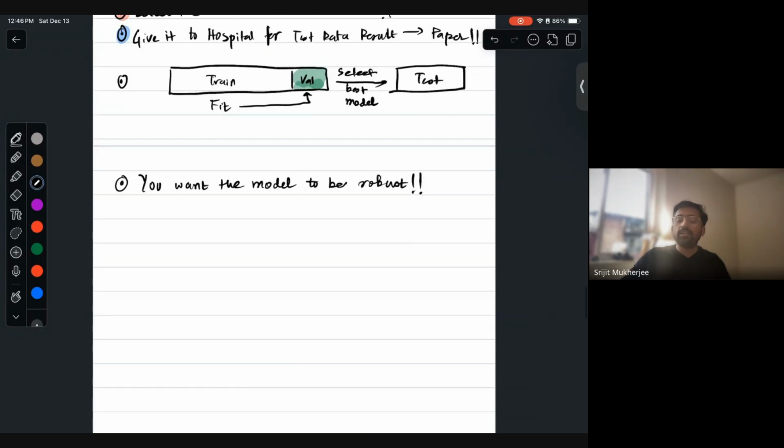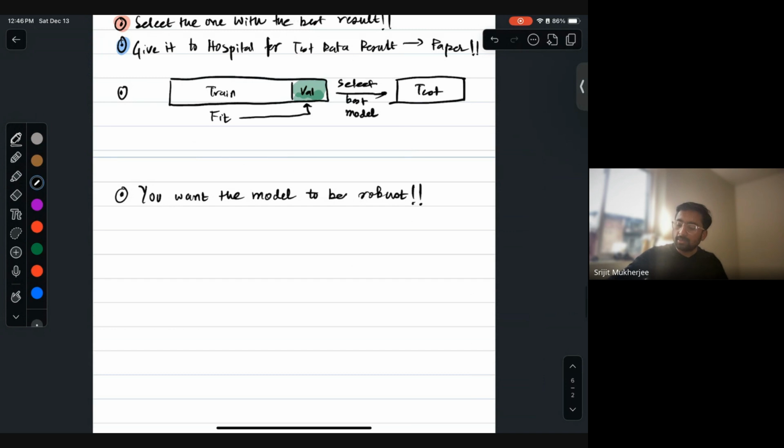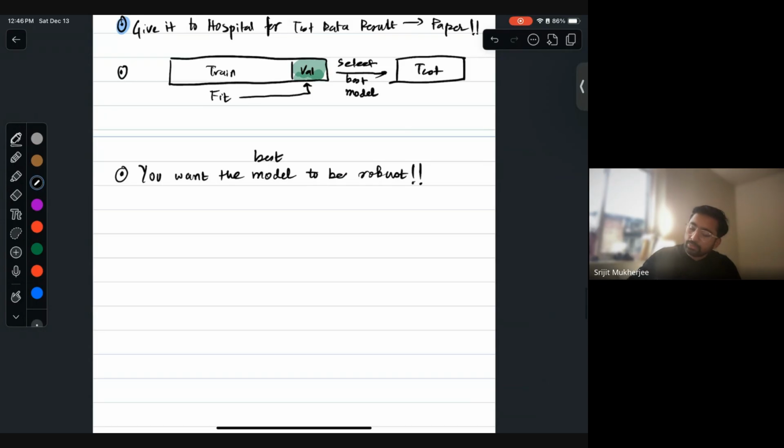So take the selected model, the best model. What can happen is that if you do this by luck, and it actually happens more often than you think, like 20% of the time.